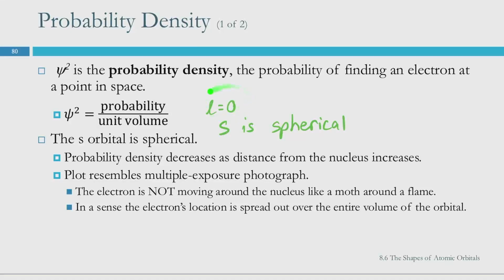So l equals 0, that orbital shape, the one orbital that's in there, is spherical. In this spherical orbital, our probability density, the likelihood of finding our electron, decreases as distance from the nucleus increases. More likely to be found close-ish to the nucleus.